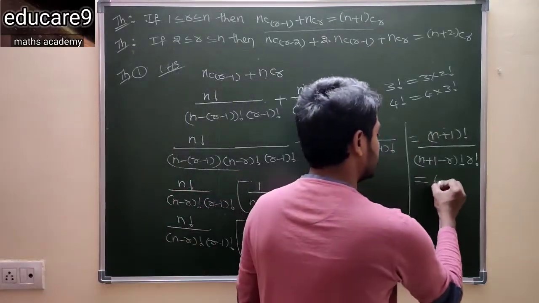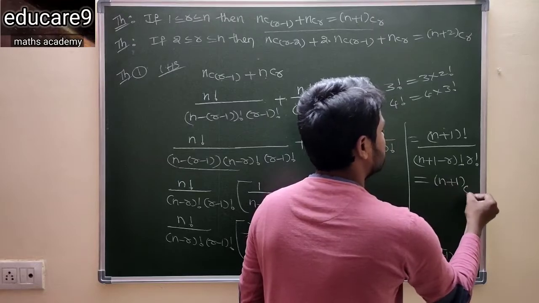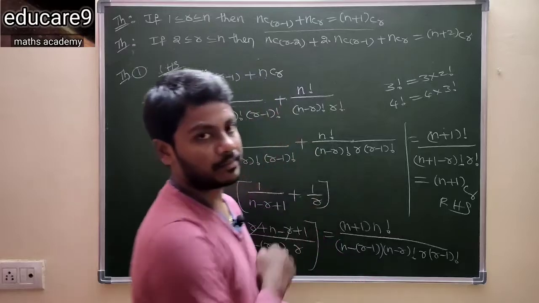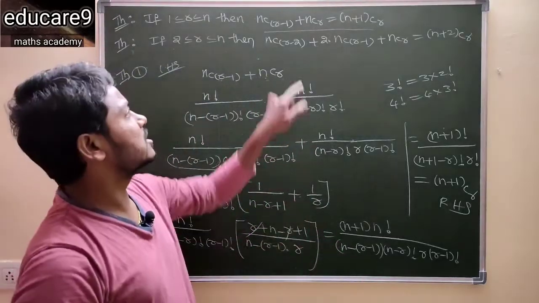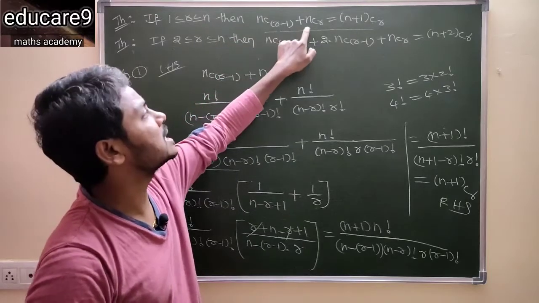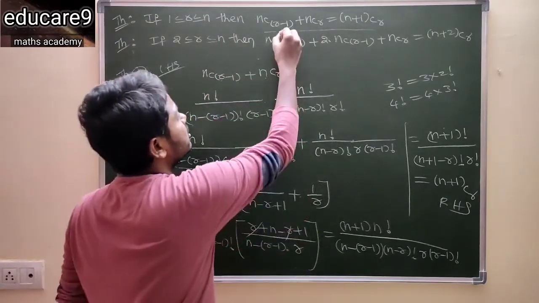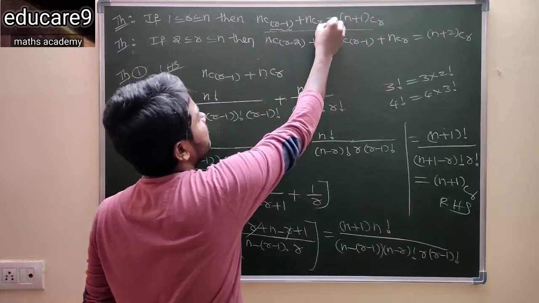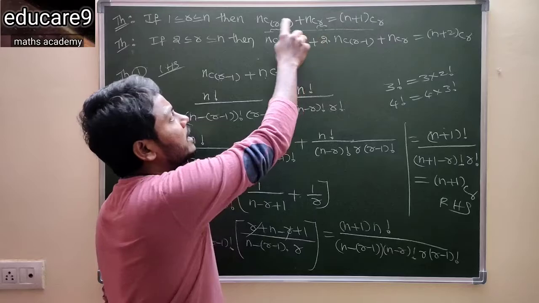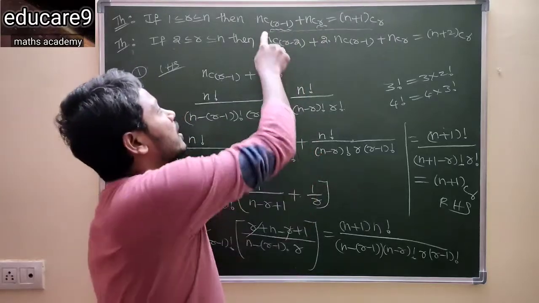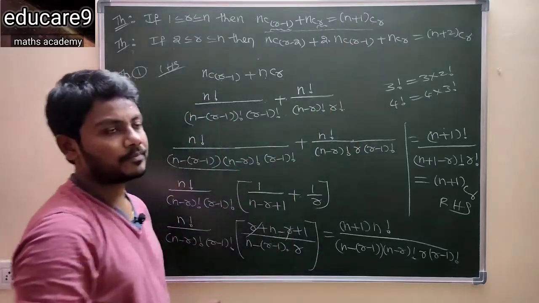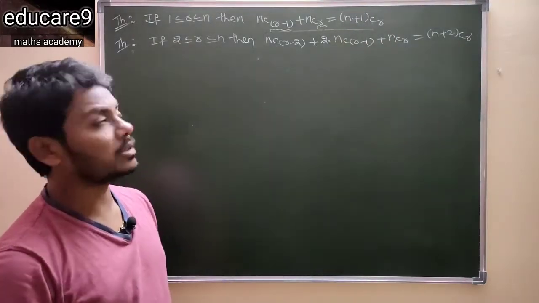This is (n plus 1)Cr, so this is the RHS. This is the formula we have to remember: nC(r minus 1) plus nCr. Once you observe the suffix values r minus 1 and r, then you add 1 to n. That is (n plus 1)Cr.